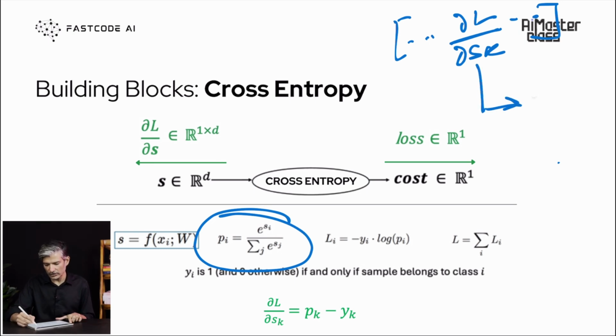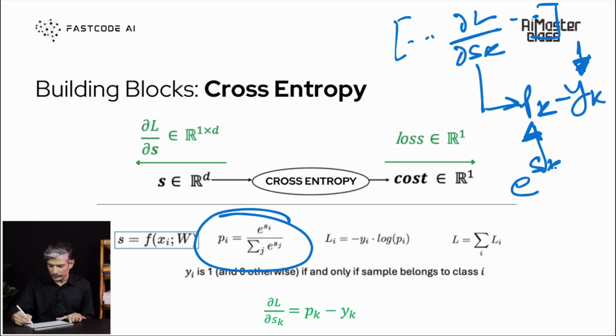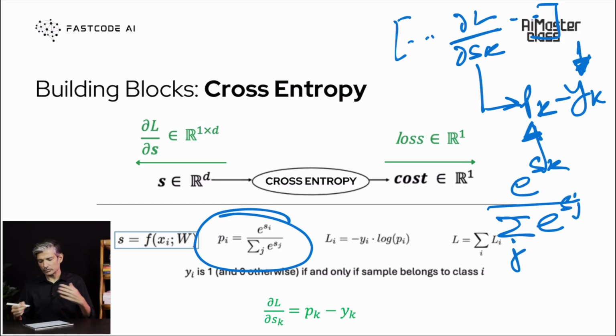All you need to do is Pk minus Yk. Yk is your ground truth vector, that one hot vector, and Pk is e to the power Sk upon the sum of e to the power Sj over all j. So, it is normalizing the correct class's probability. So, this is the probability of the correct class, and then you simply subtract it and send it back.